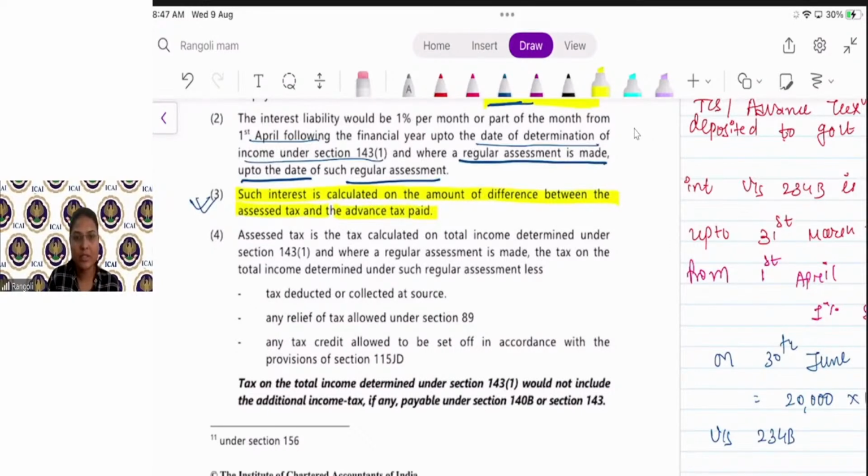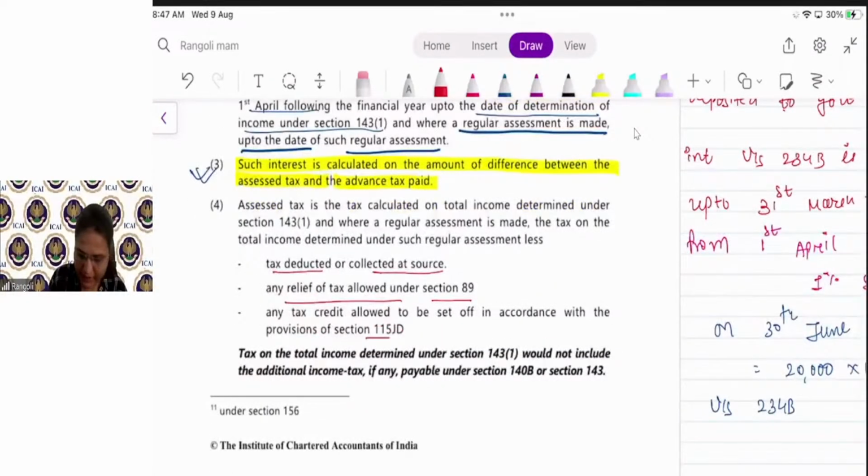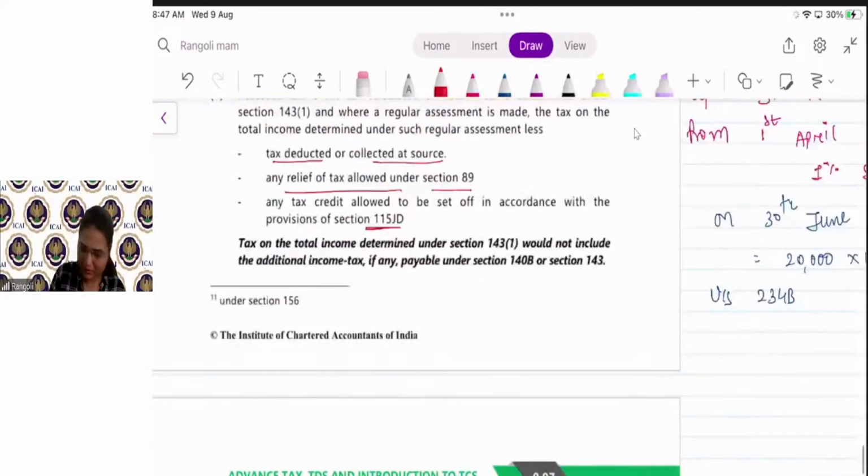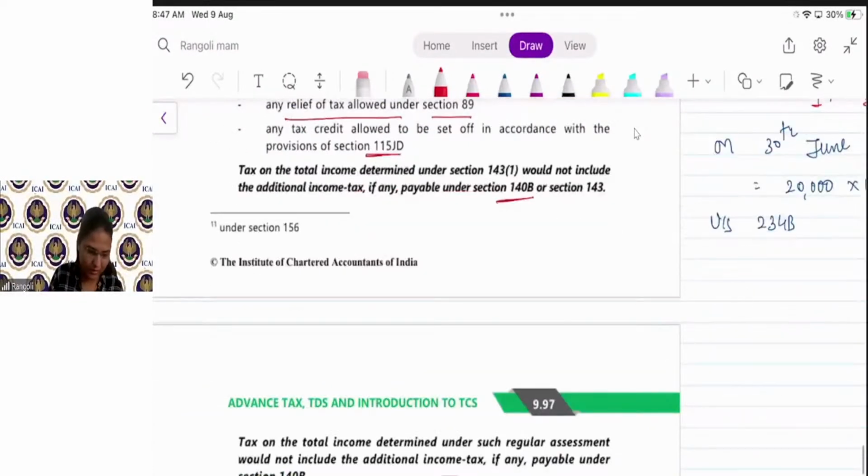It is the tax calculated on total income determined under section 143(1), or where regular assessment is made, the tax on total income determined under such regular assessment, minus, so your total tax liability minus TDS or TCS, any relief given under section 89 or any credit, VAT credit given under section 115JD. This section 140B we will discuss in next chapter in detail.